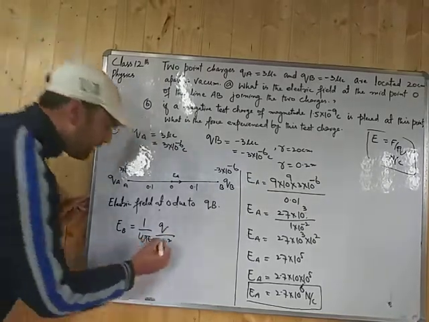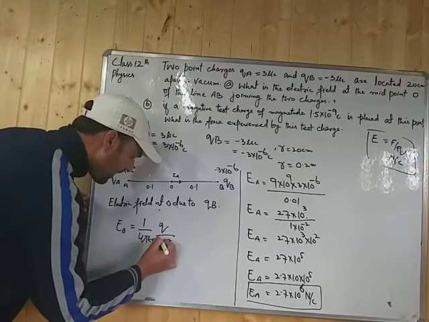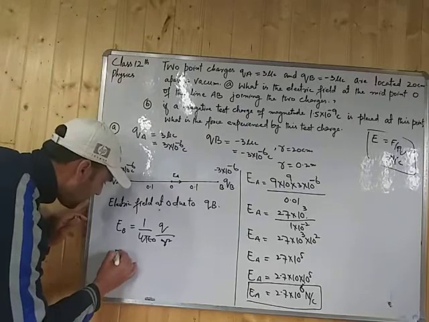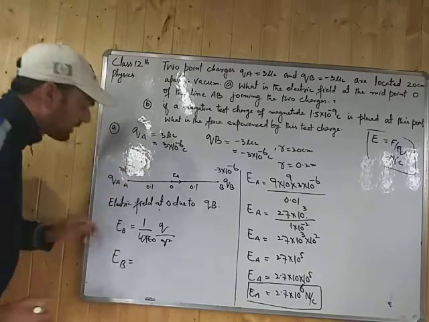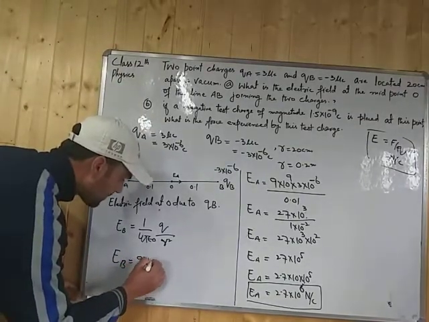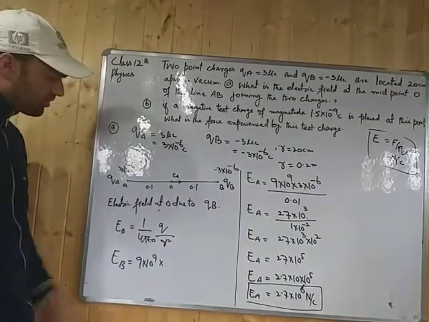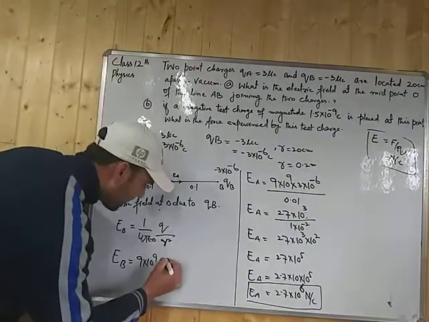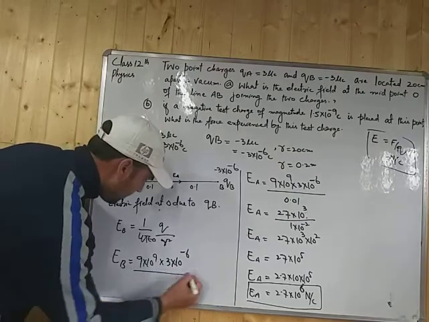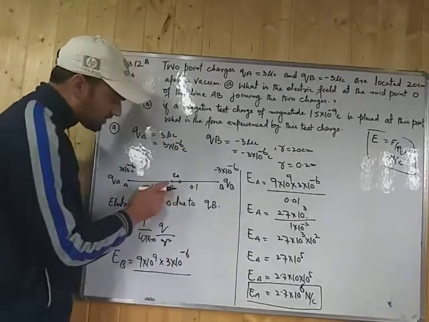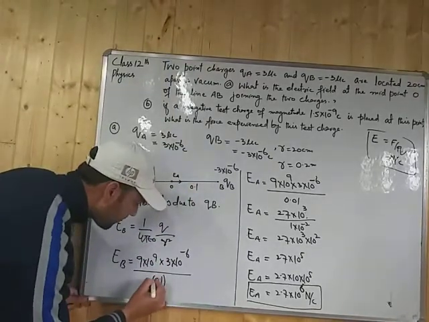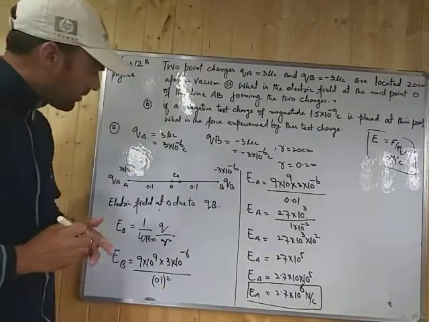So EB is equal to 9 into 10 raised to power 9 into 3 into 10 raised to power minus 6, divided by the distance from this charge to the center, 0.1 whole square.